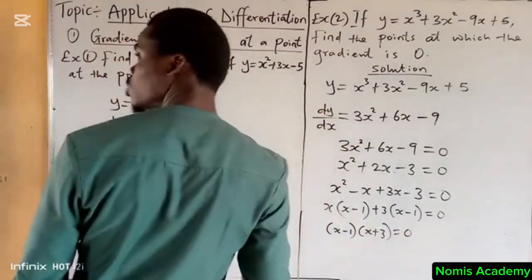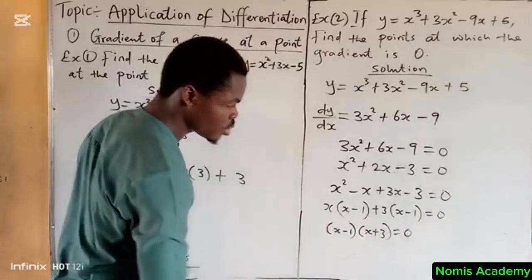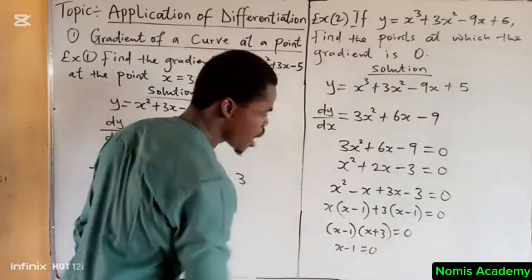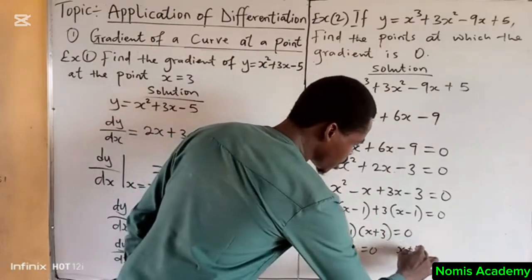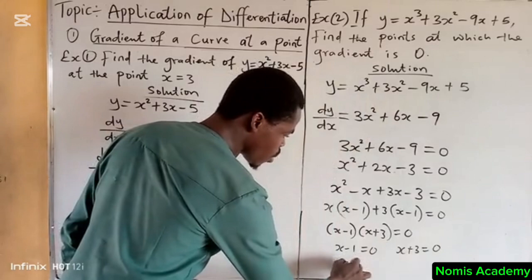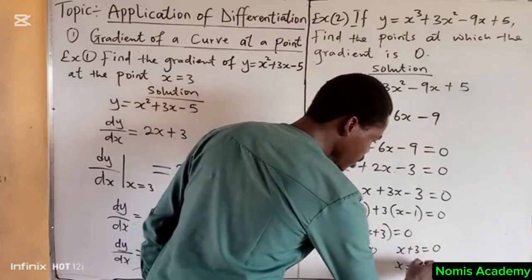Now the next thing we need to do is equate each of the linear factors to 0. x minus 1 equal to 0 and x plus 3 equal to 0. Here the value of x is equal to 1, and here the value of x is equal to minus 3.